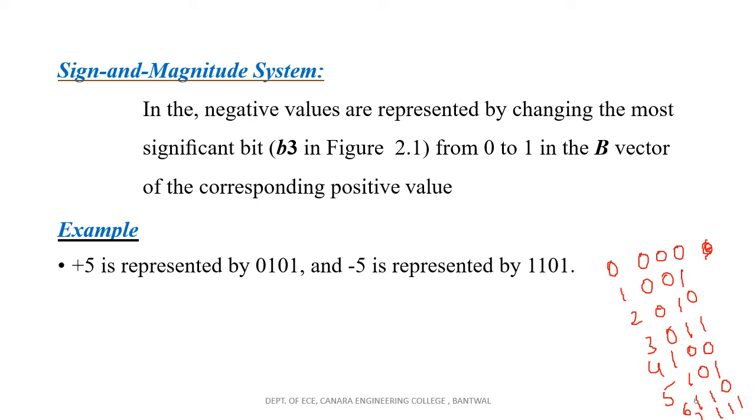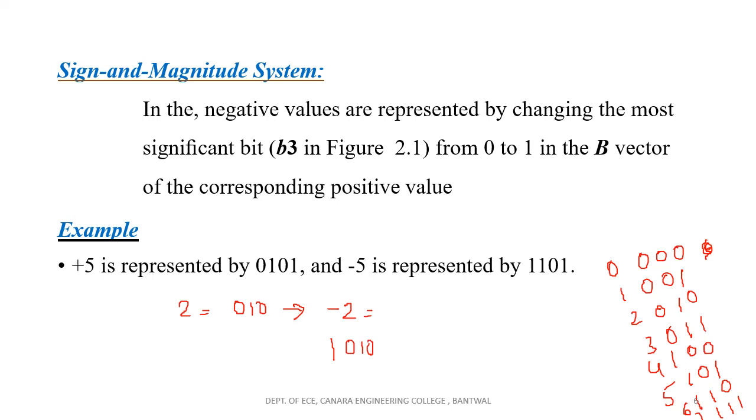See here, how to represent 2 using 0, 1, 0. Now, if I want to represent the same number with a negative sign, that is minus 2, I just need to append 1 in front of 0, 1, 0.